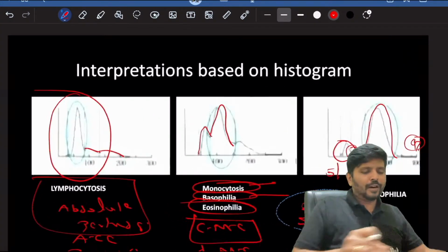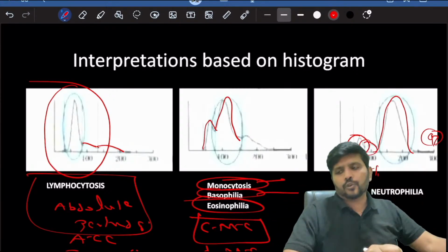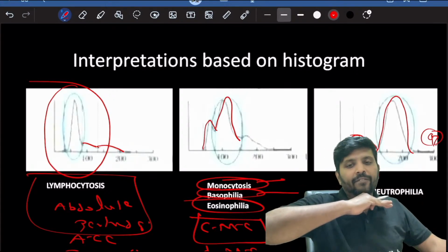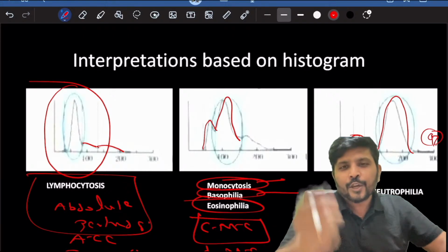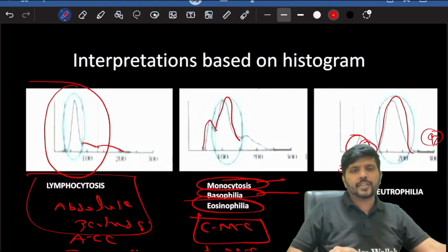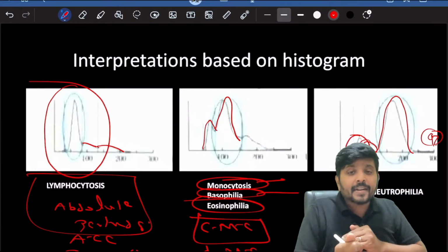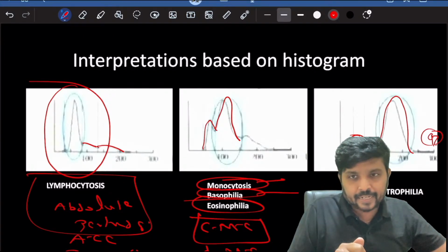So what does it mean? By simply looking at the histogram graph and finding out where the peak is, you are going to find out the probable etiology without doing any confirmatory test, because your treatment is mainly based on point of care tests.